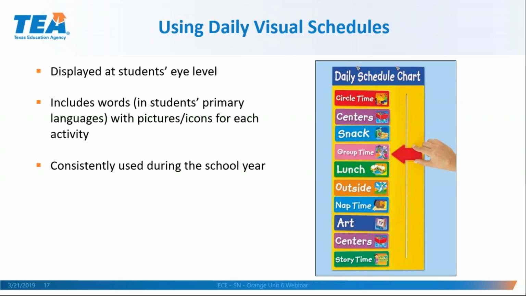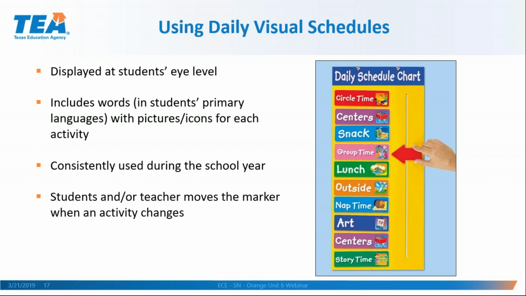I need to know when my mommy's coming. And they can look at the red arrow and know, oh, my mommy's not coming till the very end. I still have a lot. That does something to them, and what it does to them is good. It gives them a lot of security.